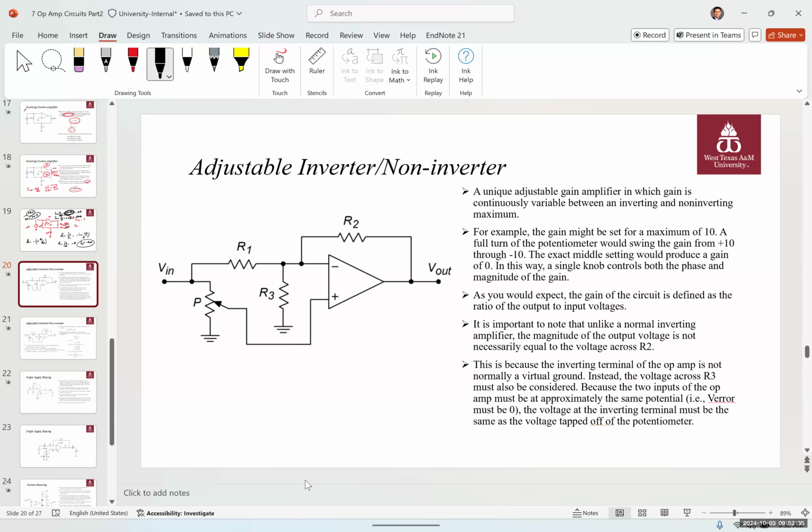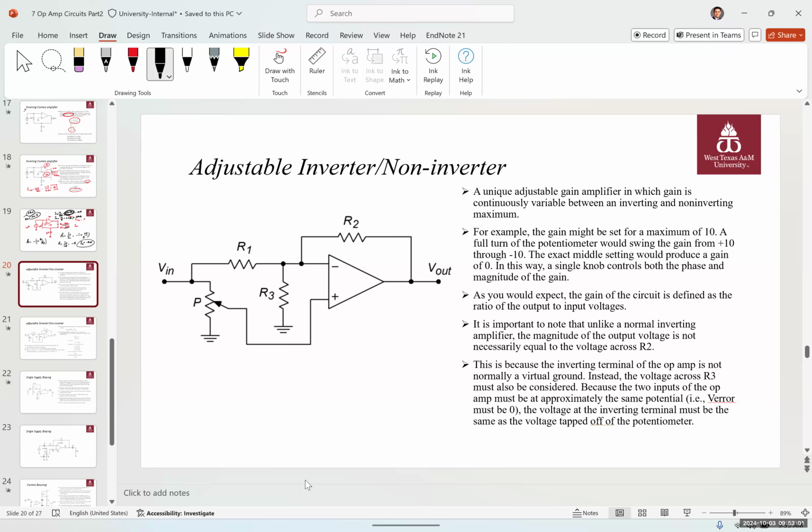Unlike the inverting amplifier, the positive is not connected to the ground. Therefore, the positive input, or the non-inverting input, would not be ground zero, virtual ground. You're going to have a voltage which is calculated using a voltage divider, the voltage of the resistor that is connected, which here is a potentiometer.